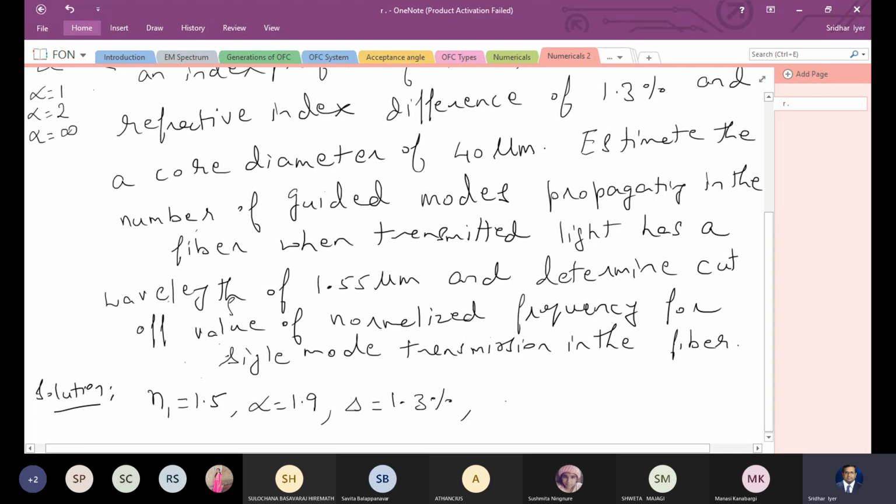That means 2A. Please be careful here. I'll keep repeating, students make a lot of mistakes here. Please have in mind, A is how we have defined the radius of the core. What we are given here is the core diameter. That means 2A is 40 micrometer, which will imply that A is 20 micrometer.